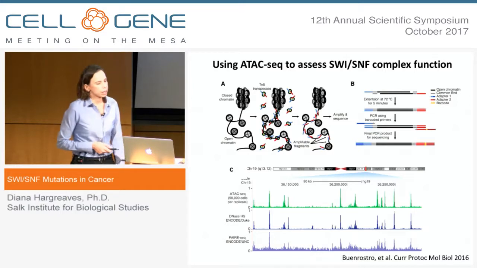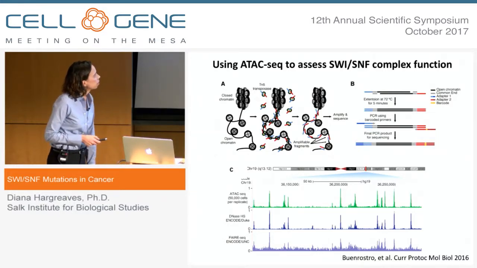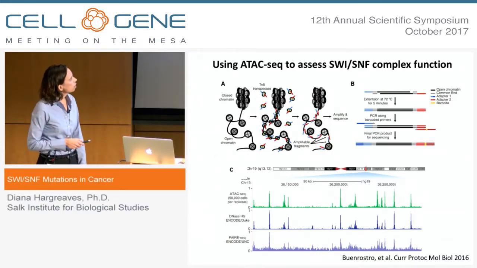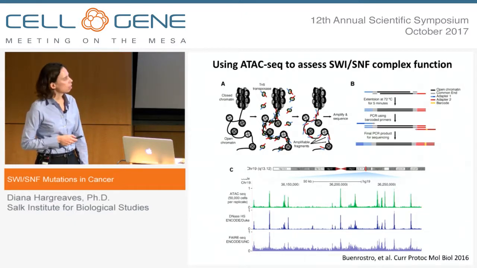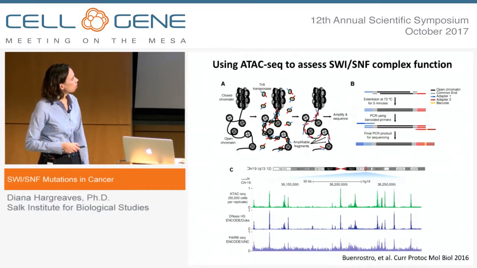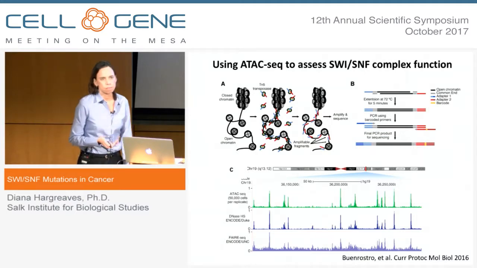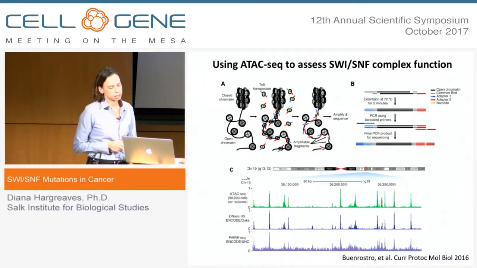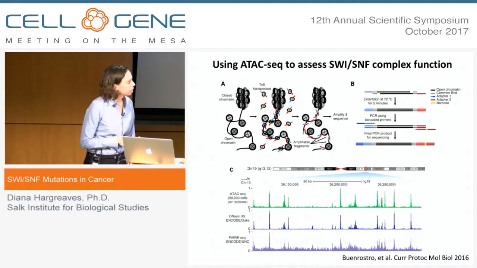And we employed a relatively recent technique called ATAC-seq, which relies on a transposase to deliver DNA adapters into accessible chromatin. This can be easily amplified and sequenced to give these types of plots. It has been optimized for 50,000 cells and even now down to the single cell, and gives information equivalent to DNase hypersensitivity.